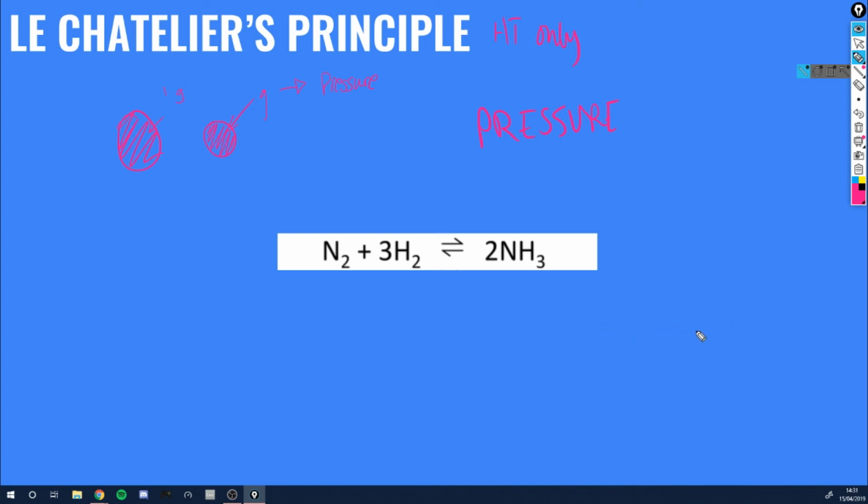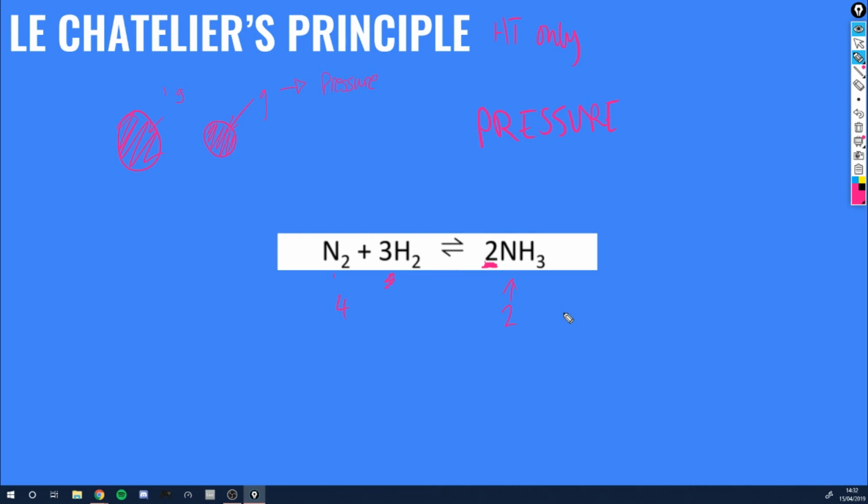So that would increase the number of products, because here we have 1 molecule of nitrogen and 3 molecules of hydrogen, so that overall gives us 4 molecules on this side. Now when you go through the reaction to this side, you only get 2 molecules, as shown here. So that means that we'll get more products.